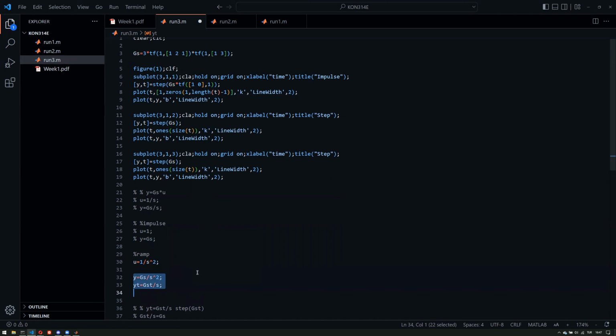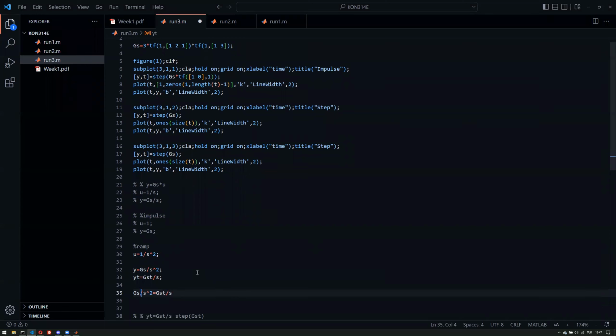So if we equate them to each other, we will get G(s) divided by s squared, G(s) tilde divided by s, multiply with s, this one goes, and voila. We have G(s) divided by s instead of G(s) tilde.